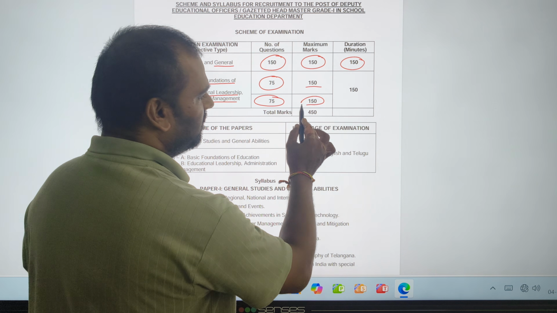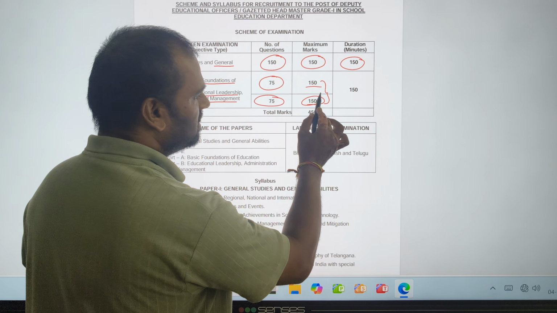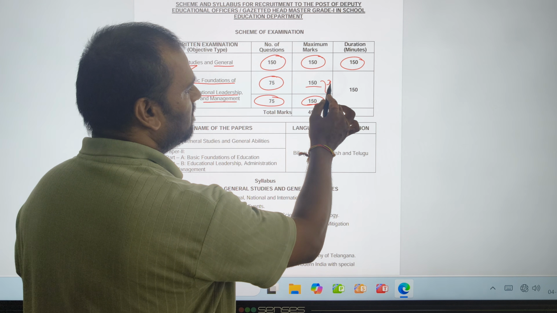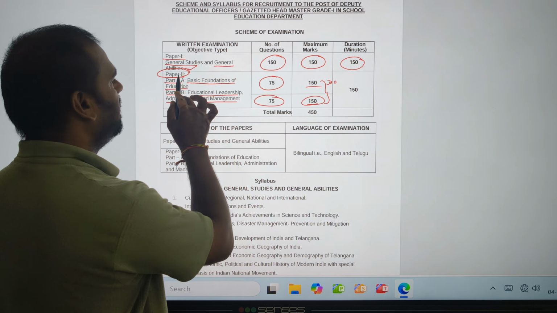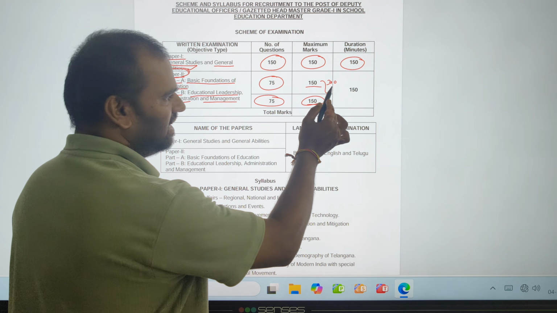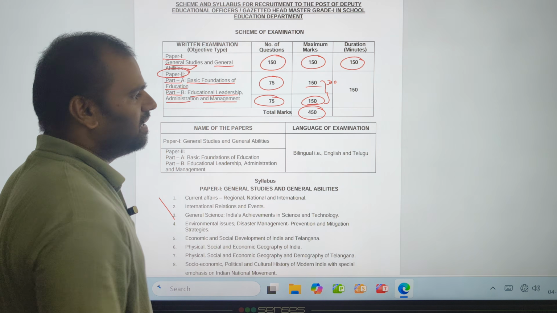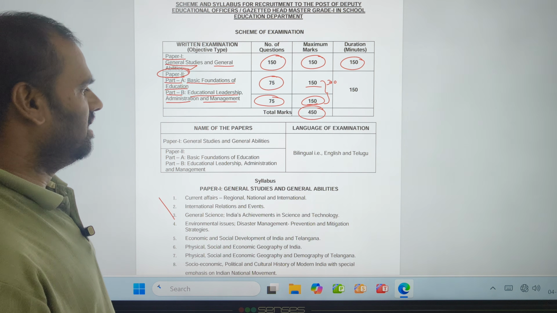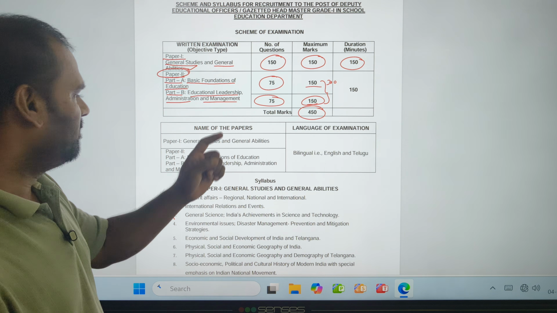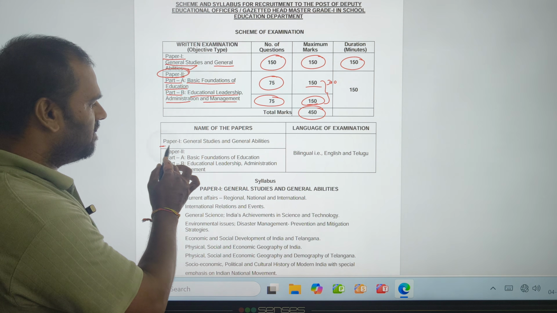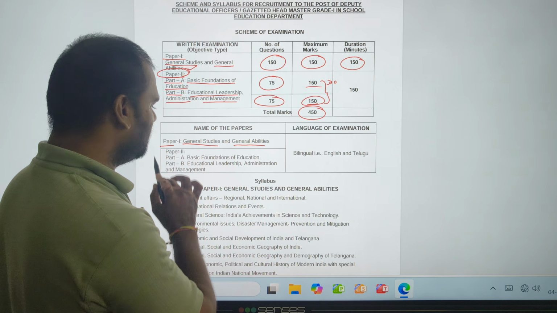Again this is also 150, that means 150 plus 150, 300 marks for Paper 2. So this 300 and this 150, total 450 marks.